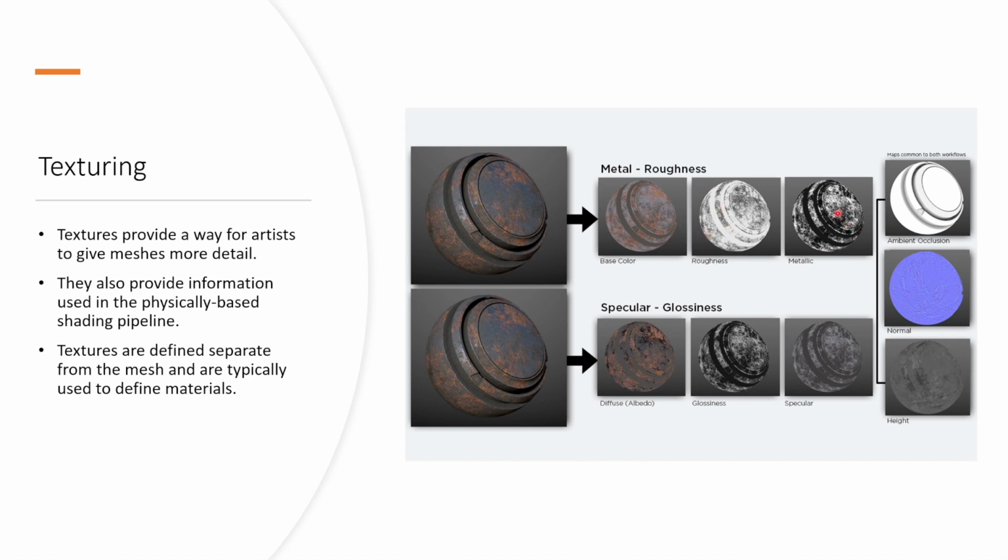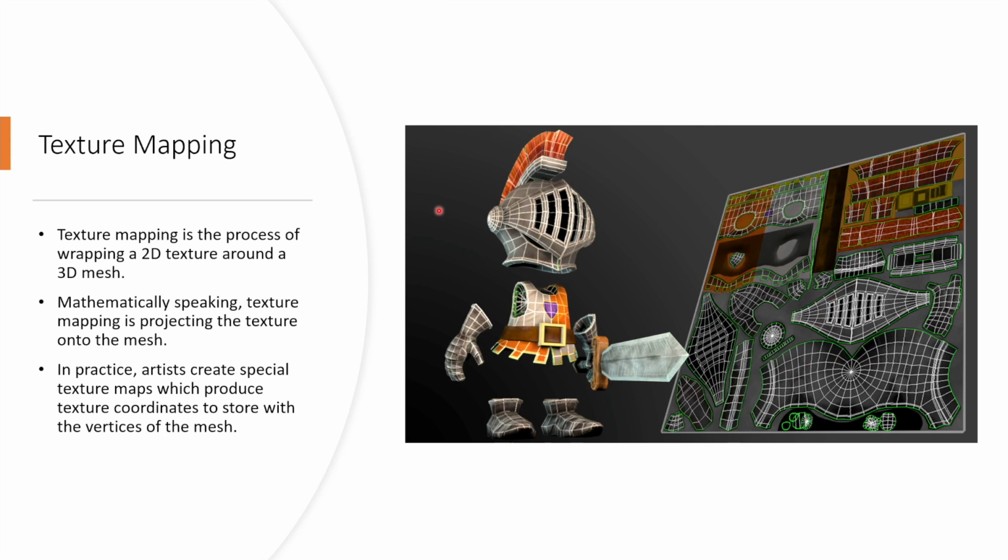Finally, the metallic map is used to determine whether a material at that point is a dielectric or conductive material. This allows you to mix dielectric and conductive materials onto a single material to give you effects like rusted metal in this example. And then ambient occlusion is a lighting map that's used to fake shadows. And normal maps, well, I'll talk about them soon.